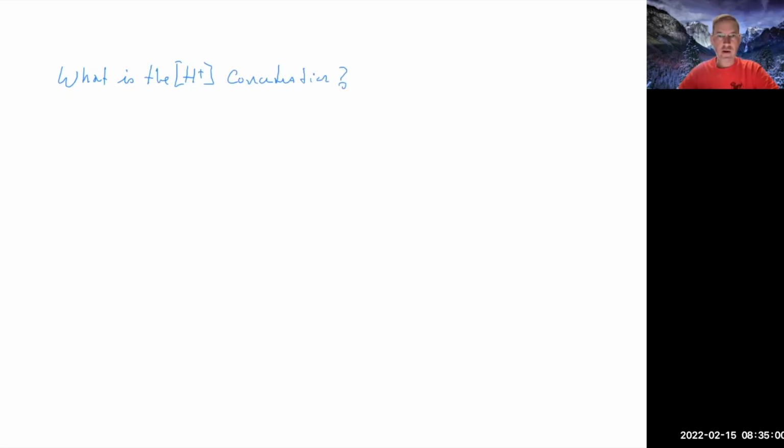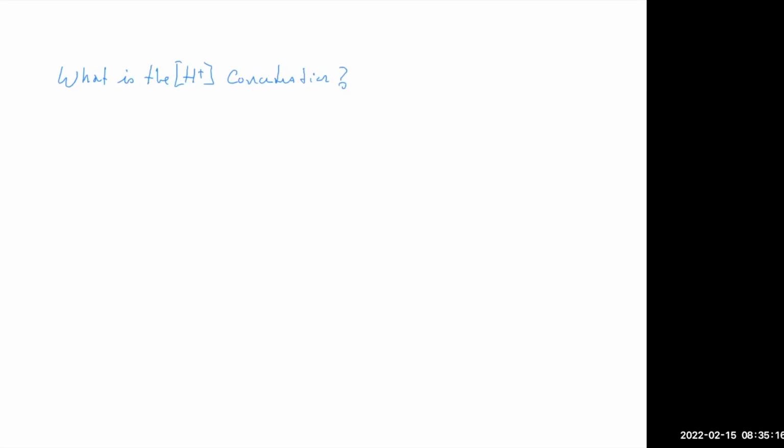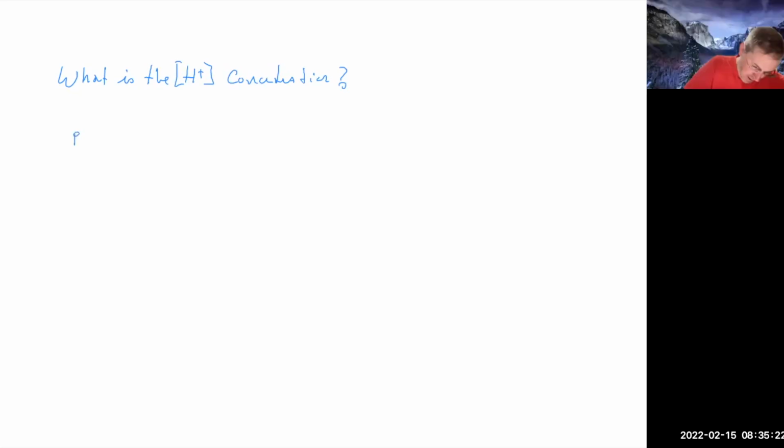So let's go ahead and talk about that. First of all, let me just ask the question, what is pH? Potential hydrogen. It's measuring the hydrogen. So pH is the power of hydrogen or the potential of hydrogen.